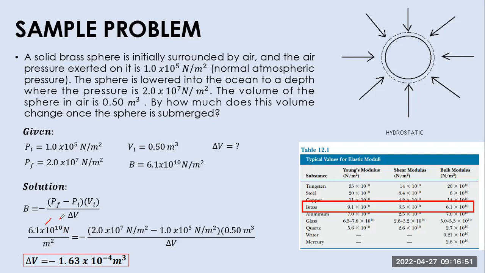Our bulk modulus value is equal to negative our final pressure of 2.0 times 10 to the power of 7 Newton per meter squared, minus the initial pressure, which is 1.0 times 10 to the power of 5 Newton per meter squared, times our initial volume or original volume of 0.50 meter cube, over our unknown delta V, or our change in volume. So again, we only have one unknown variable.